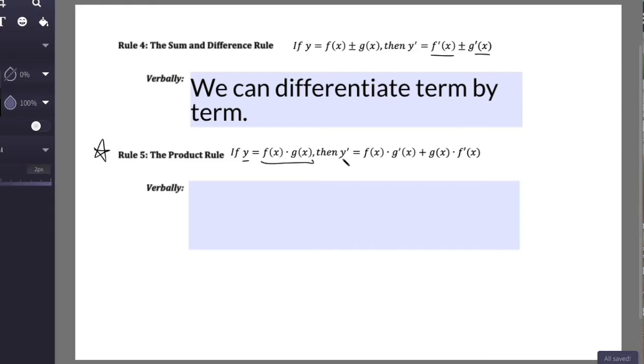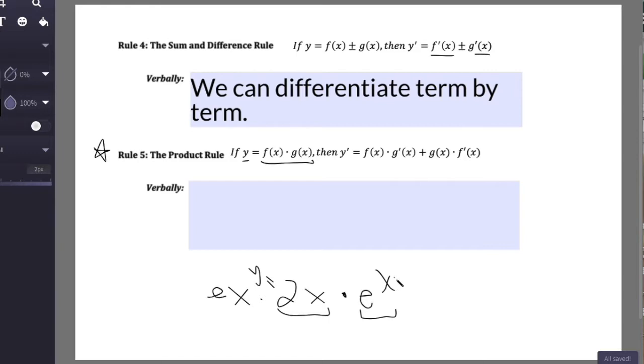If you have y equals, maybe like 2x times e to the x, for example. Say that's your function. Well, this is considered the product of two functions. We have a linear function here, then we have an exponential function.